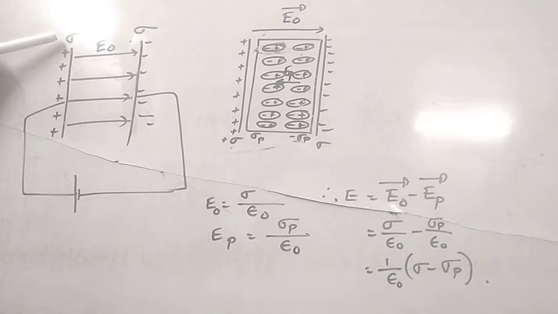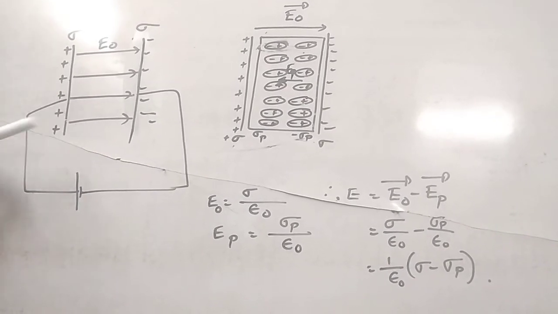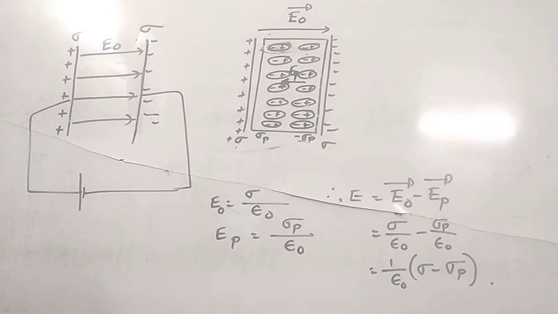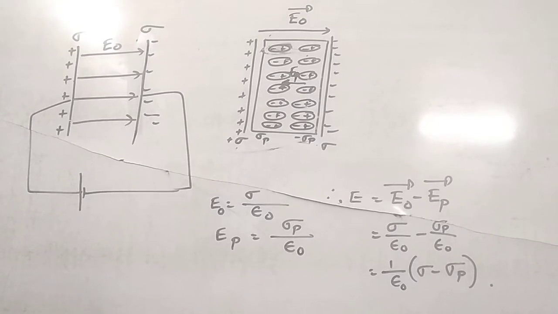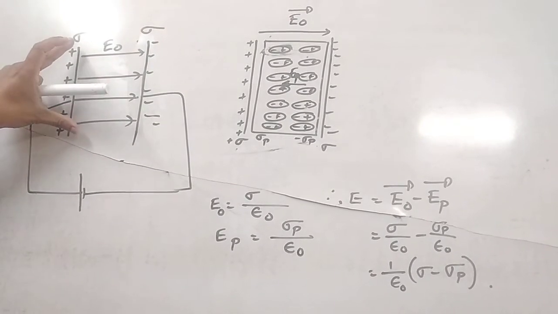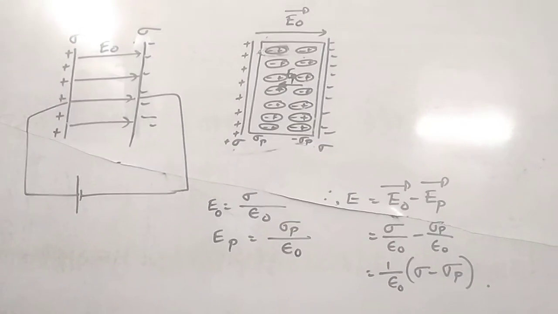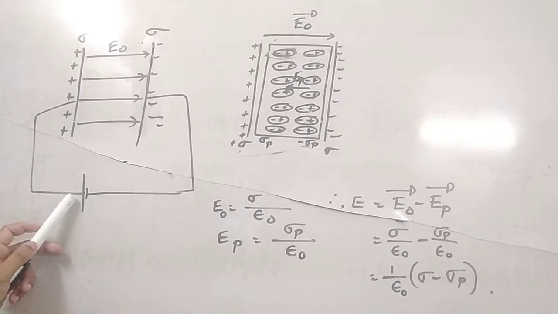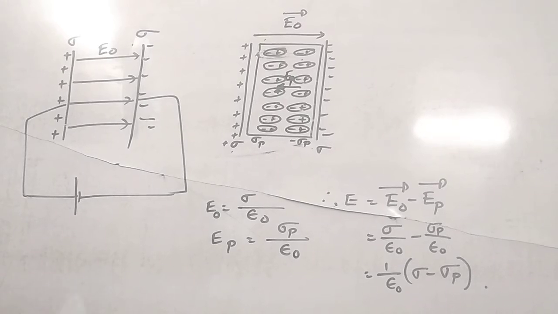Now we come to discuss the polarization of dielectrics. How can dielectrics be polarized? For that, we have taken the positive plate and negative plate of a capacitor and connected them to an external electric field. Is it clear?